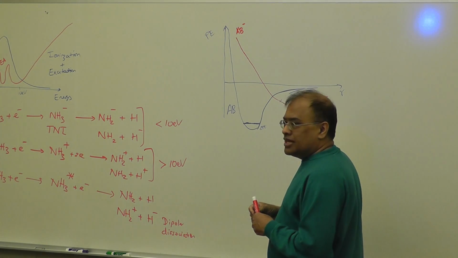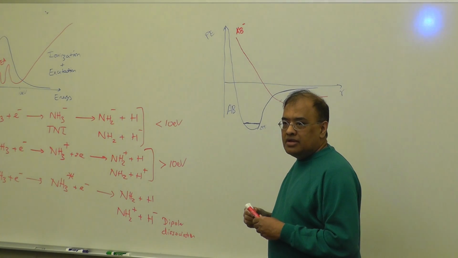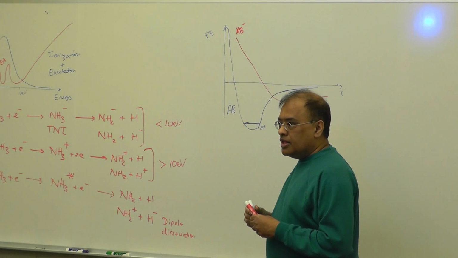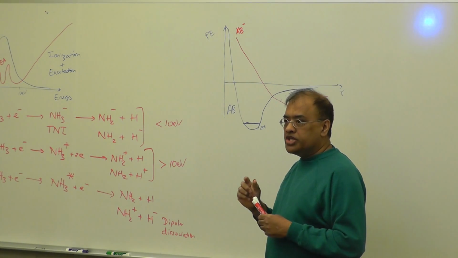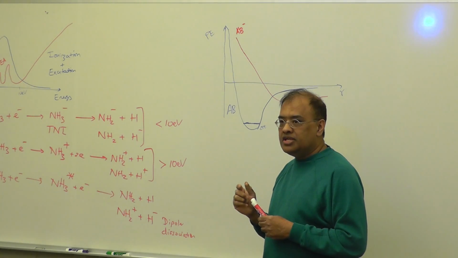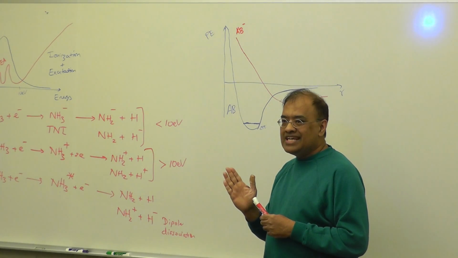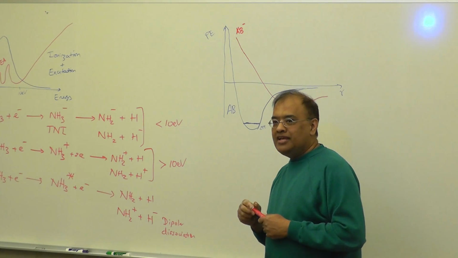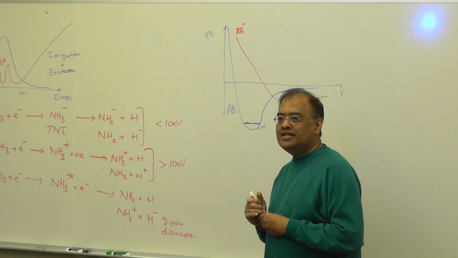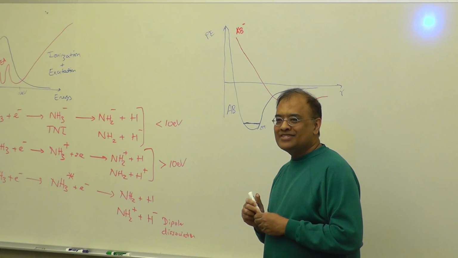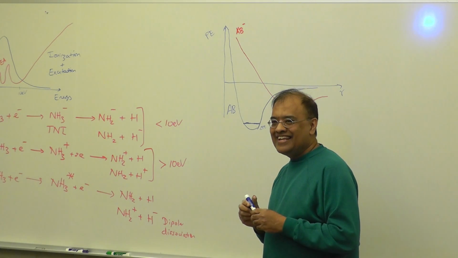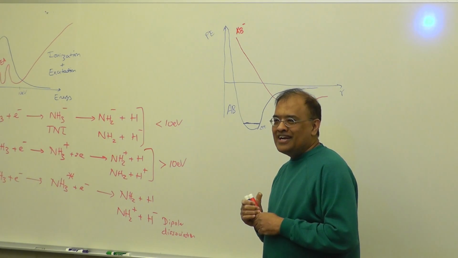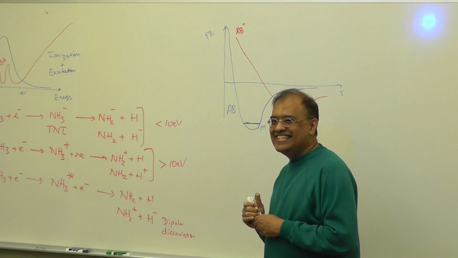And you will also learn in your physical chemistry course that when a molecule undergoes a transition, the transition is vertical. Anybody remember what that is called? I'm looking at Crystal.